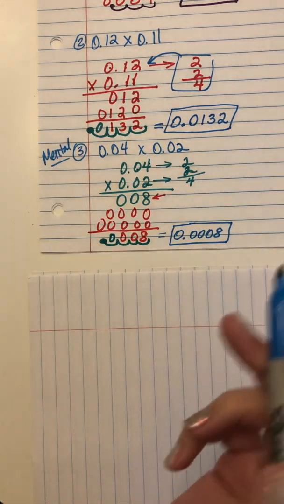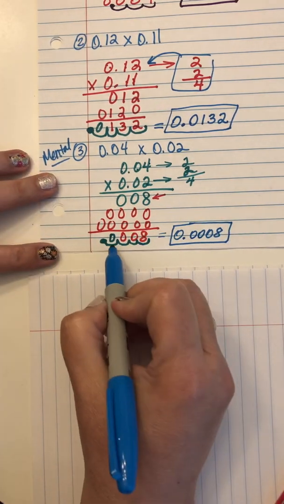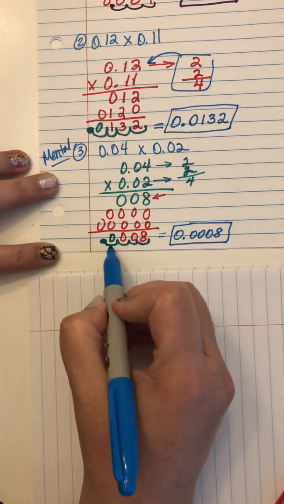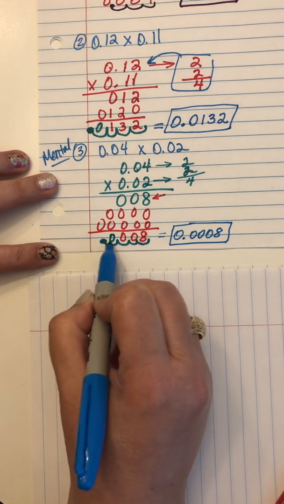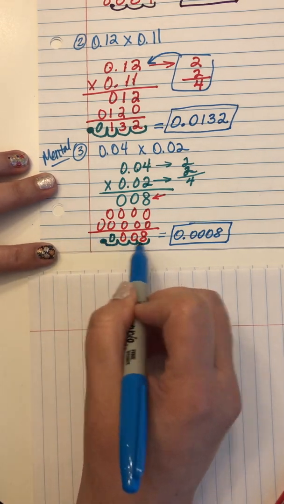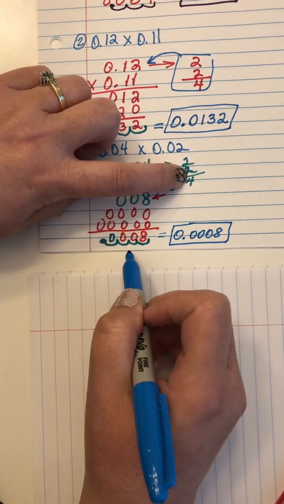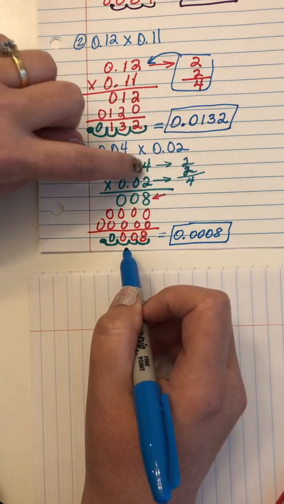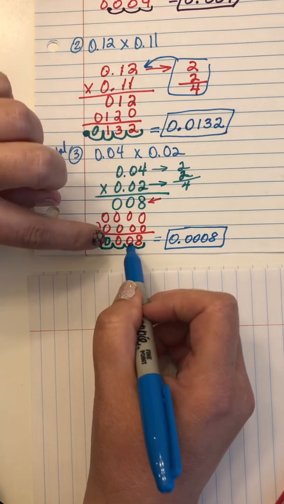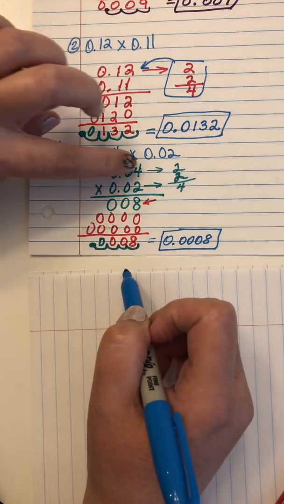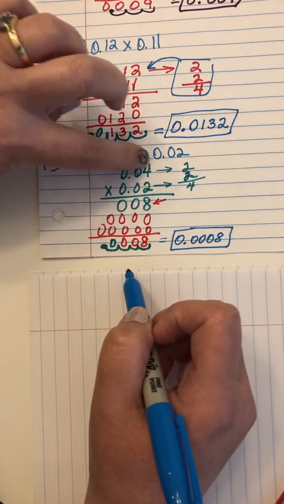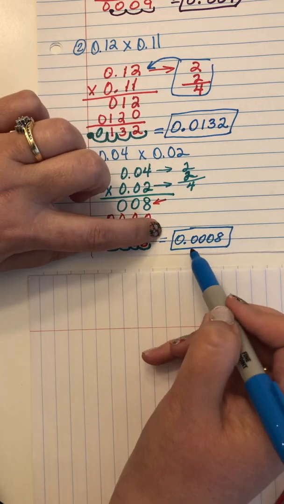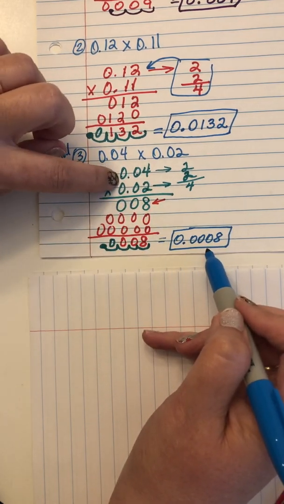Okay, so the only thing I'm doing different is I'm having to sometimes add in a 0 right here in the front to make it match up with how many decimal places I had in my original problem. Because the number of decimal places in your original multiplication problem should equal the number of decimal places in your answer.